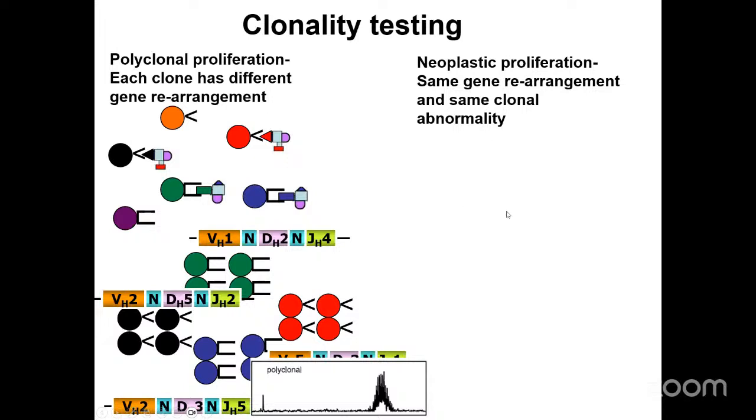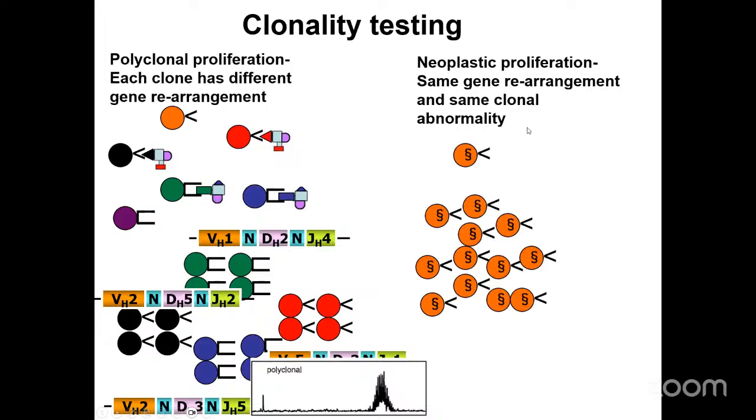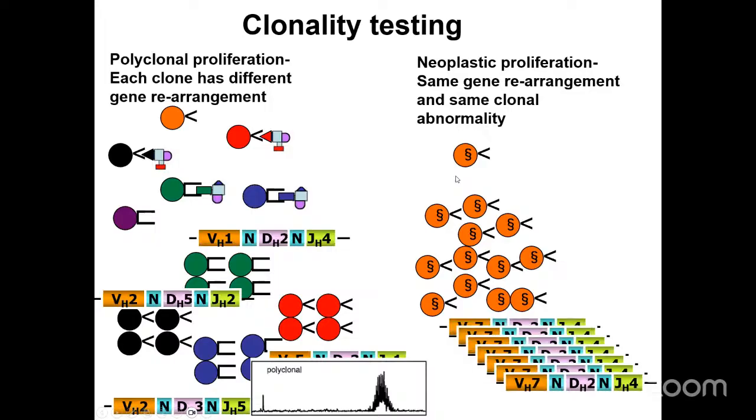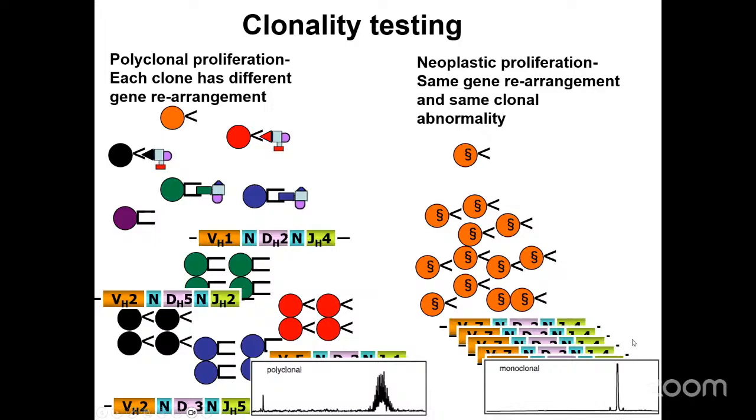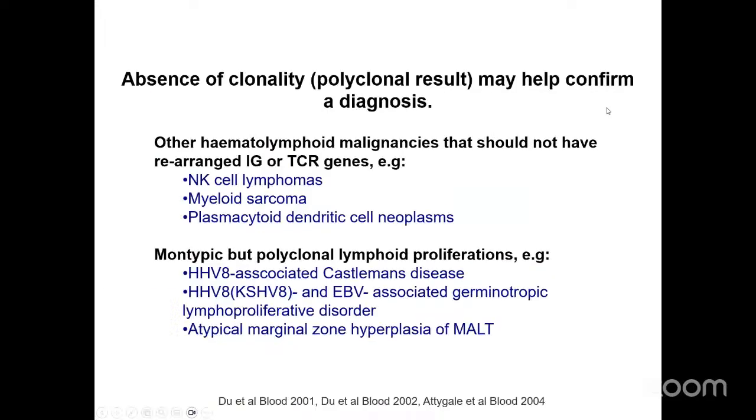Whereas if it is a neoplastic proliferation, it is the same gene rearrangement happening in all of the cells. Hence, you get a clone with the same sized product, and you see a monoclonal peak with or without a polyclonal background. That is what we are typically seeing in these studies.